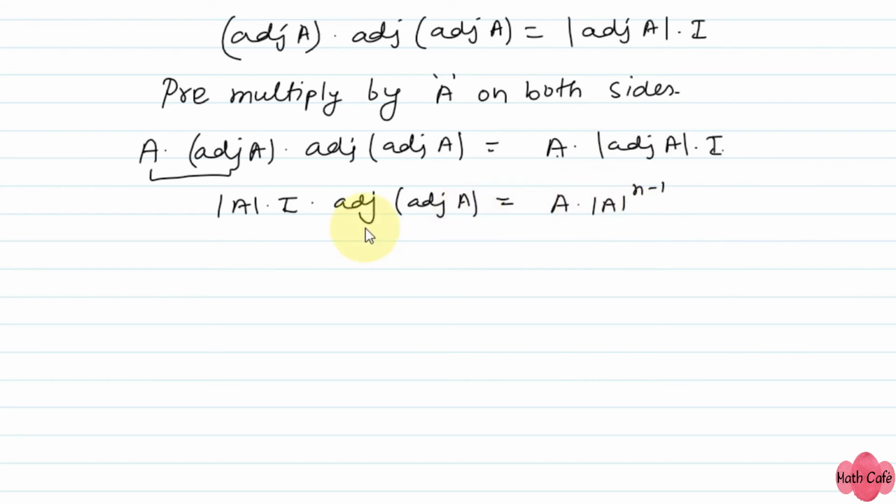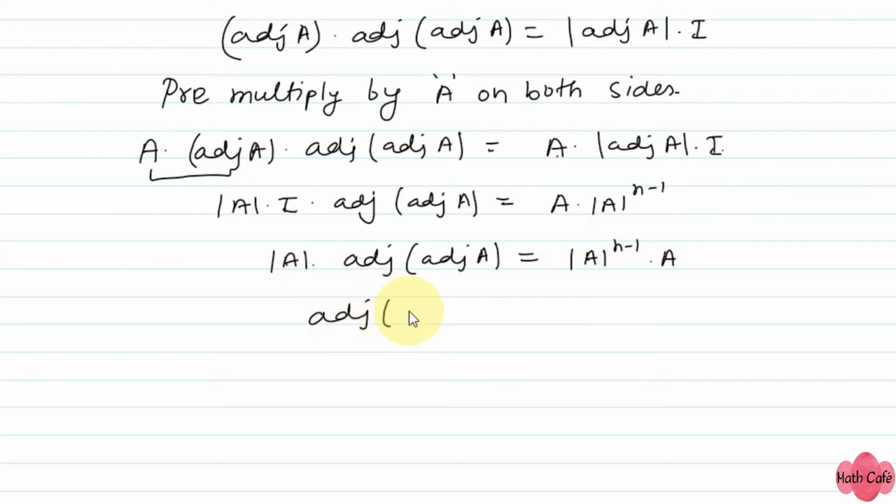So this is nothing but determinant value of A multiplied by adjoint of adjoint of A is equal to determinant A power n minus 1 multiplied by A. So if I take the determinant value to the right hand side, this will become adjoint of adjoint of A is equal to determinant A power n minus 2 multiplied by A. So that is what we needed to prove.